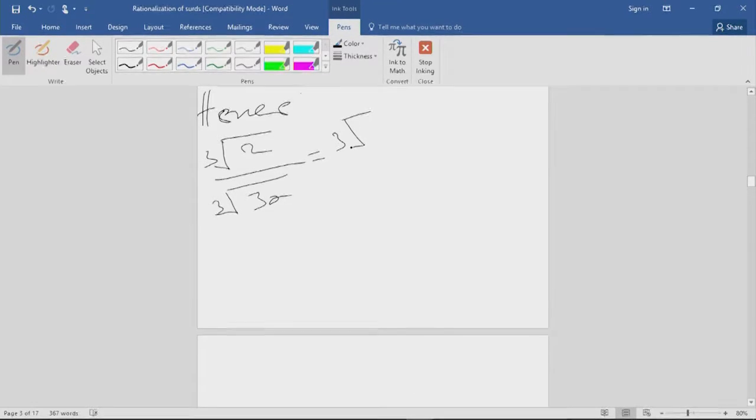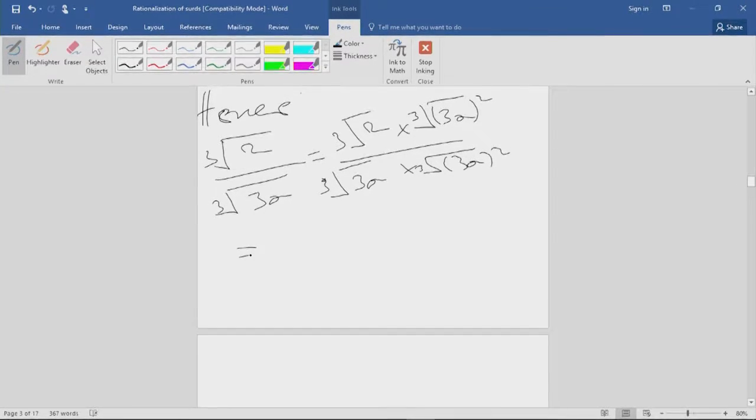The cube root of 2, we are going to multiply that one by the cube root of 3a square, all upon the cube root of 3a multiplied by our cube root of 3a square.